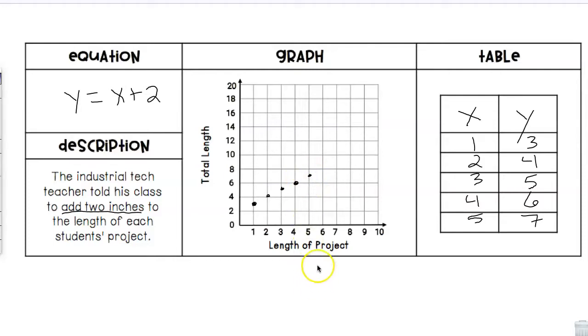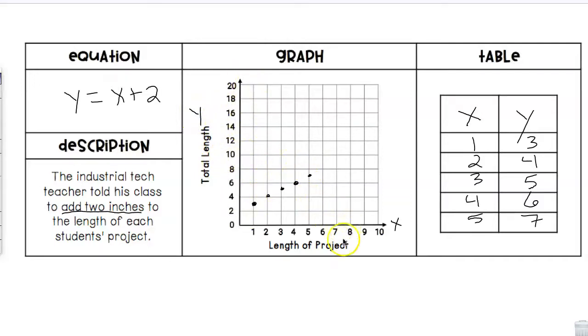The next thing I want to talk about is the whole idea of an independent versus a dependent relationship. I want to remind you that your x variable is always the one that goes across the bottom. X looks like a sideways cross. That's how I remember it. X across. So if x is going across, then y is the one going up and down.